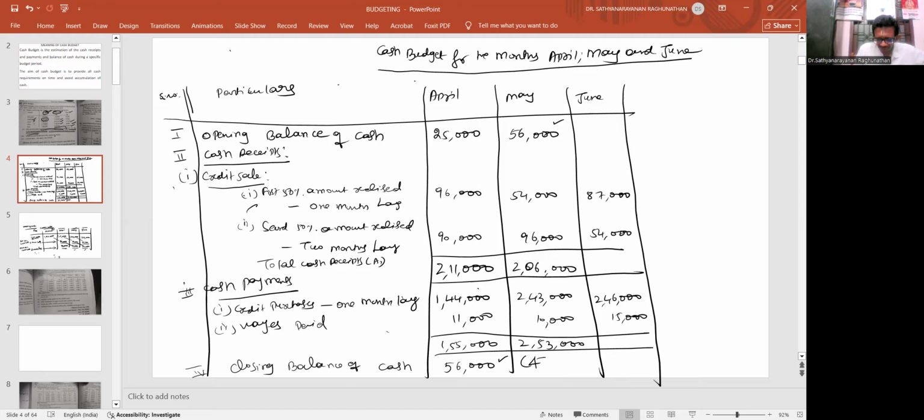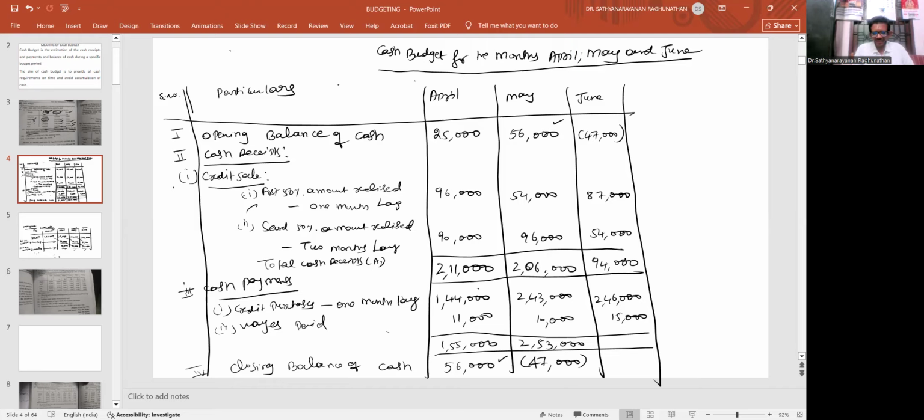Don't write it as minus 47,000. Within bracket, if you write it as 47,000 means it will be construed as minus 47,000. Closing balance for the month of May will be the opening balance for the month of June. Now, you have to be very careful. Minus 47,000 plus 87,000 plus 54,000, that is 94,000.